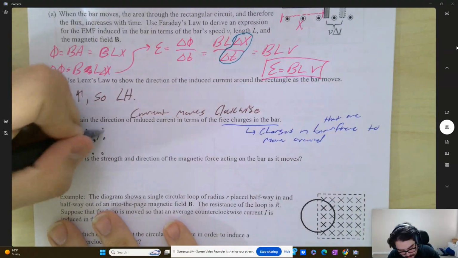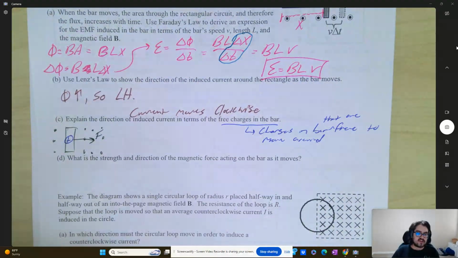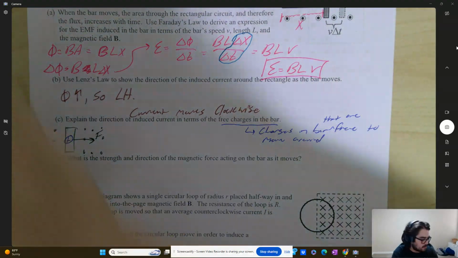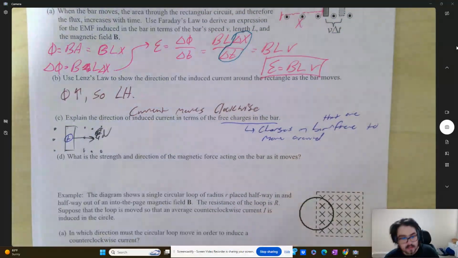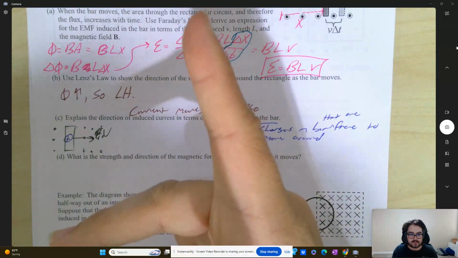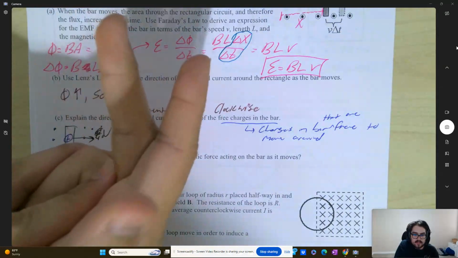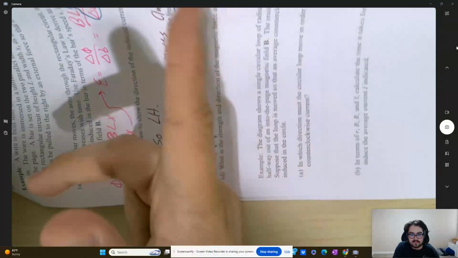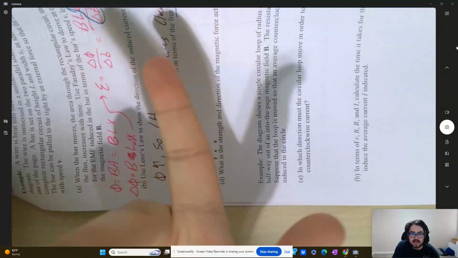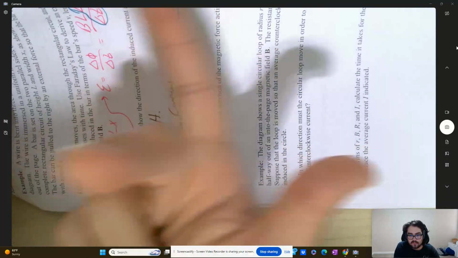This is basically the same thing as a charge moving to the right in an out of the page field. Oh, sorry, why did I say F? I should say it should be V right here. So when I do my right hand rule, they have a velocity going that way. Can you see this a little bit? They have a velocity going that way. The B field's out of the page, so the charges feel a force downwards.